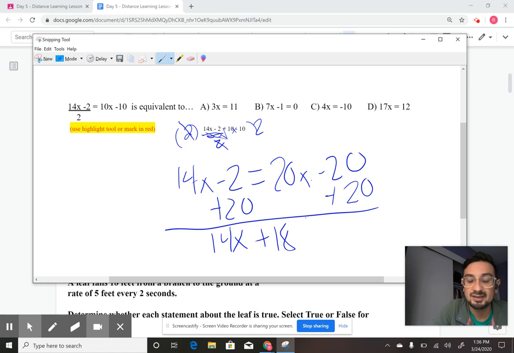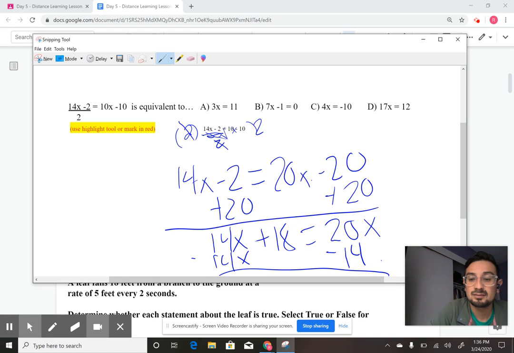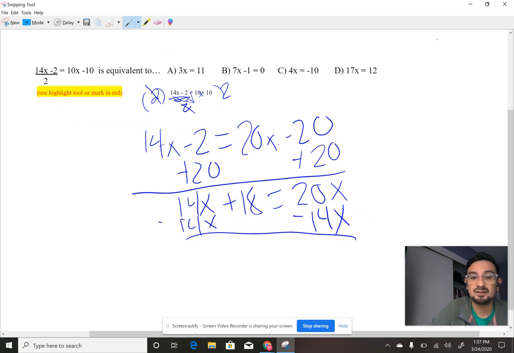Minus 2 plus 20 is 18. Then minus 20x. Okay, so subtract the 14x, and that's going to cancel out. It's going to be 18 equals 6x.